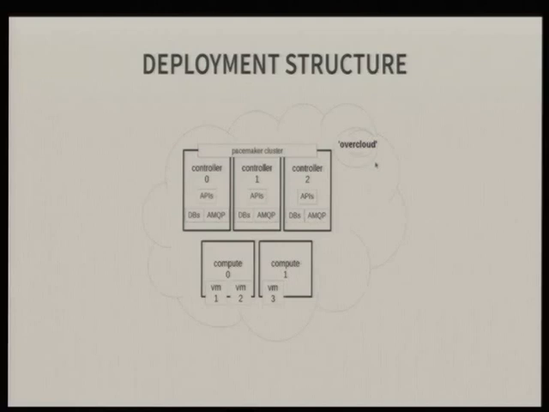On each controller, there are APIs, RESTful APIs, which users use to talk to the cloud and perform management operations on it. And there are databases which are clustered together to store persistent data, and there's an AMQP message bus to facilitate communication between the controllers and also between controllers and computes.